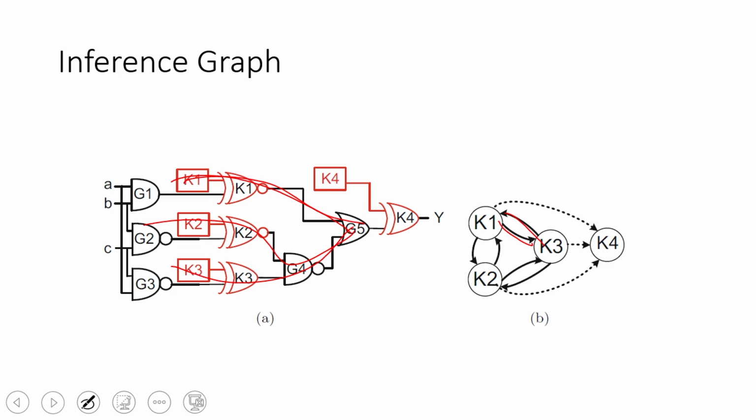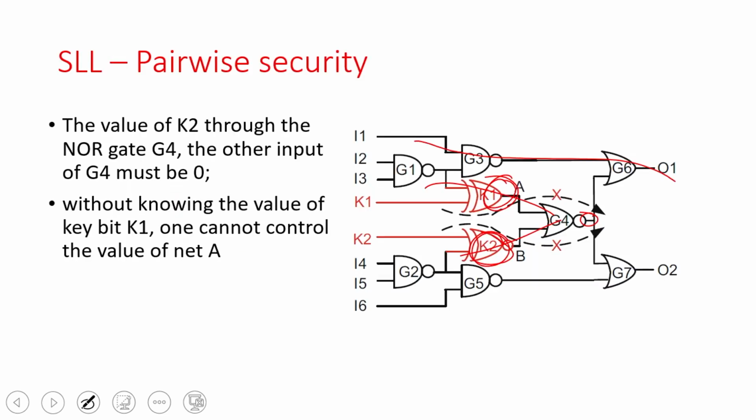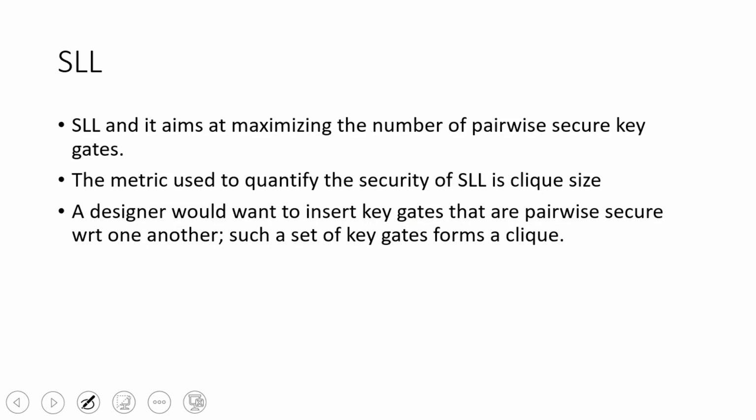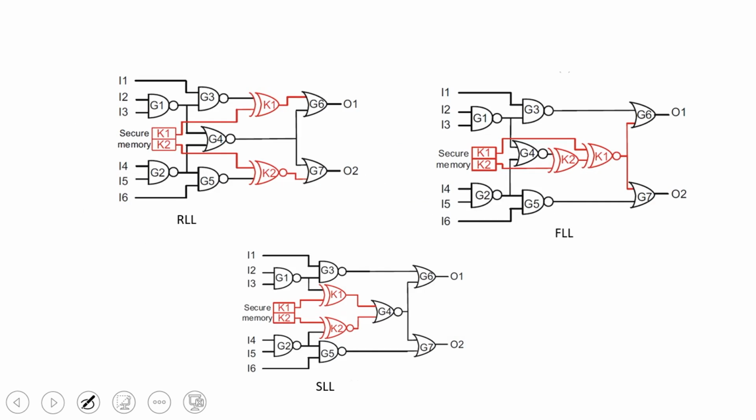This way, I try to lock somewhere that this kind of interference is maximum, so that you cannot analyze one key independently without the other one. That is the idea of strong logic locking. It maximizes the number of pairwise security gates, and they try to make the maximum clique with the dependency between the key gates. So, that is the idea.